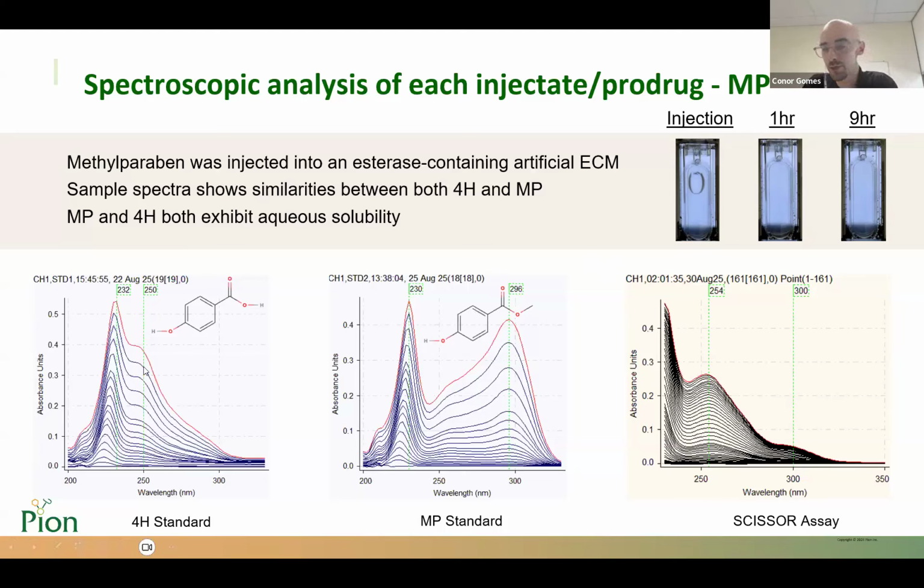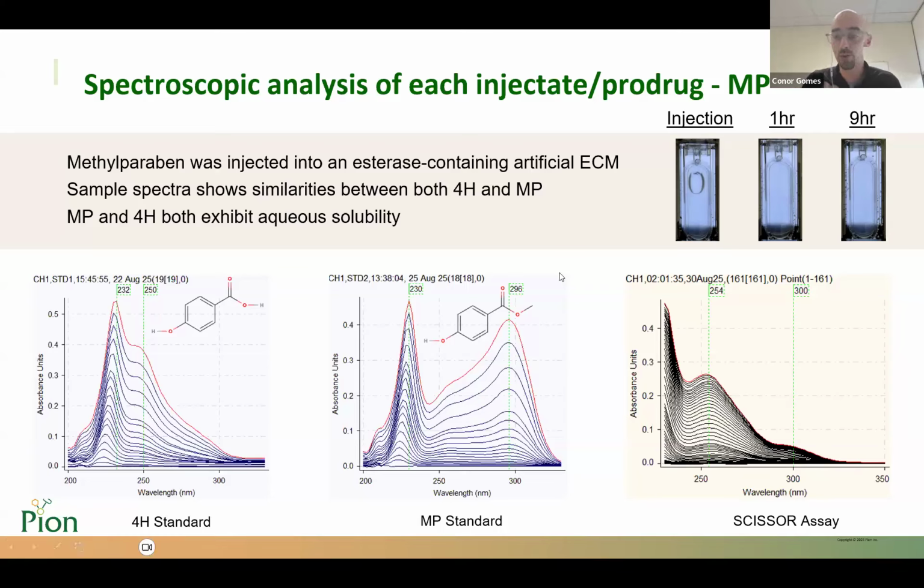So again, what we're looking for in the direct spectra, just as a qualitative measure, is this peak at 250 and this peak right before 300. And you can see that there's a little bit of both in the spectra, which is to be expected, as I mentioned, the methylparaben is going to be soluble as well as the 4-hydroxybenzoic acid within this assay.